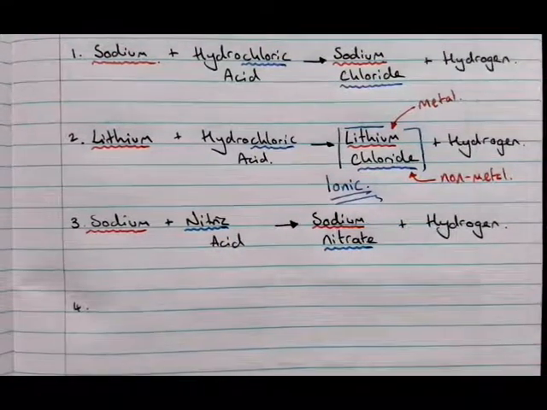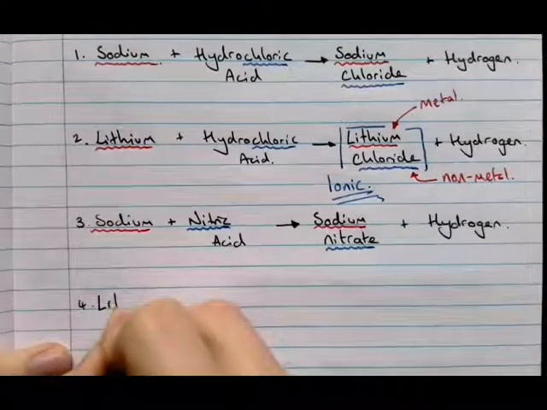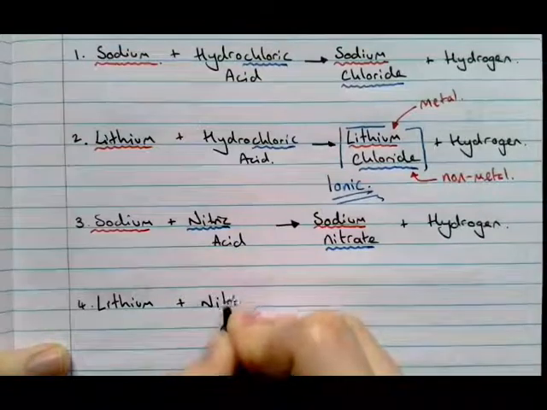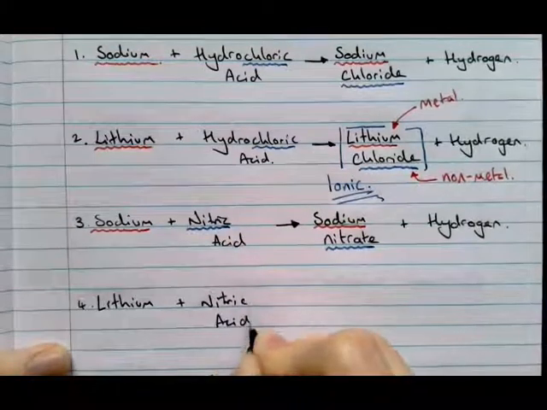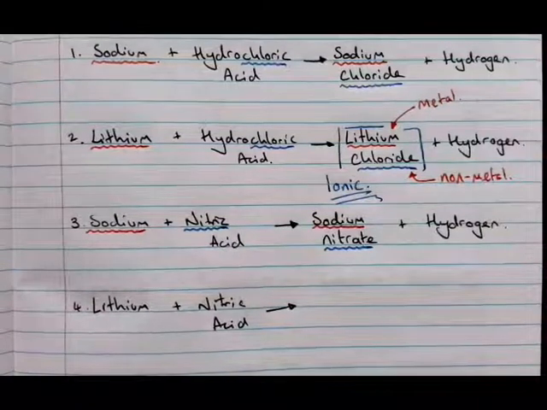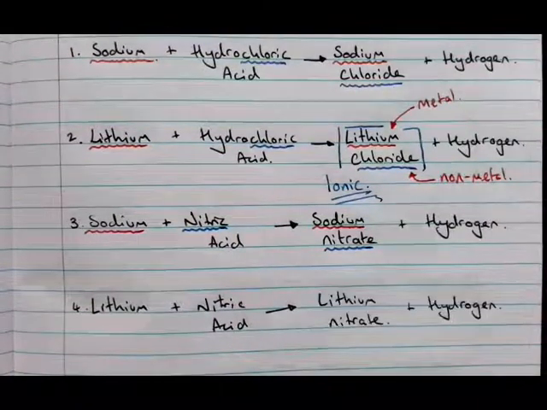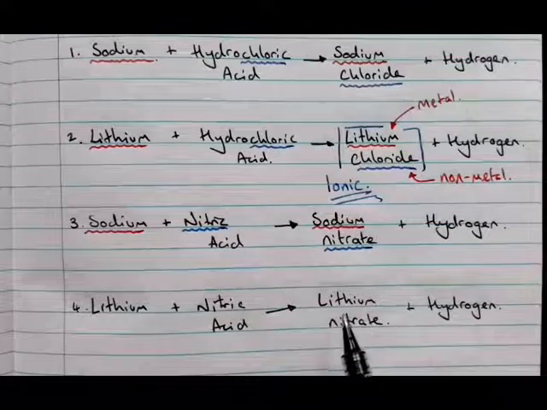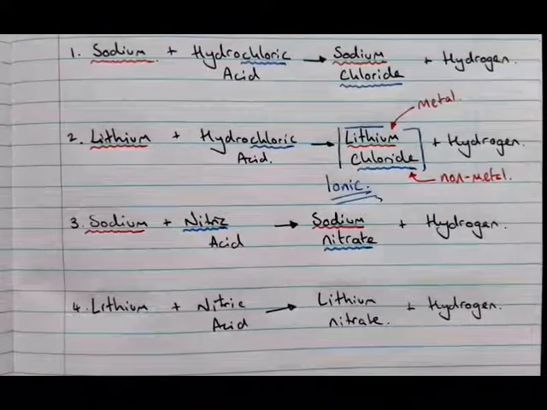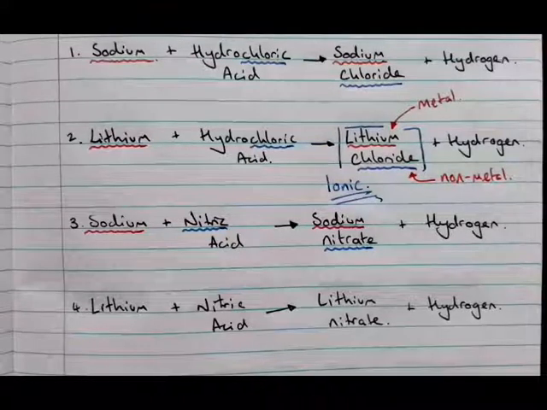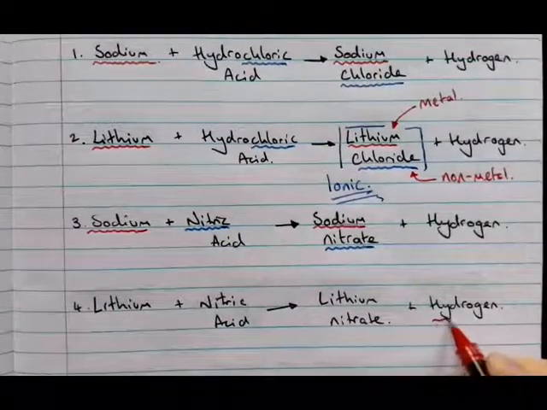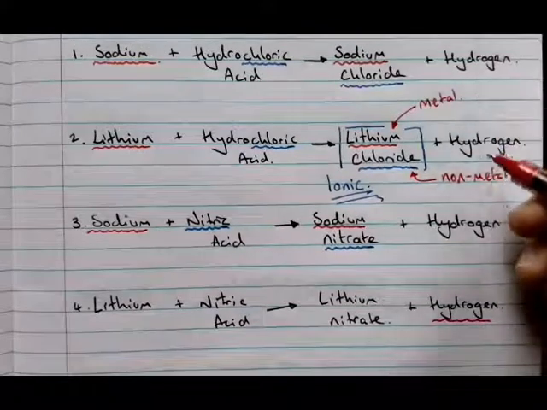So you have a go at lithium plus nitric acid and tell me what the products are from those reactants. Okay, so yes, it's lithium nitrate plus hydrogen. And at this point let's just make a little note that we have hydrogen here. In all of these reactions we get hydrogen.